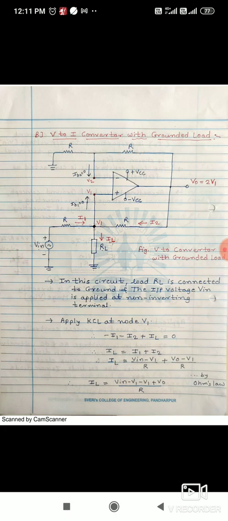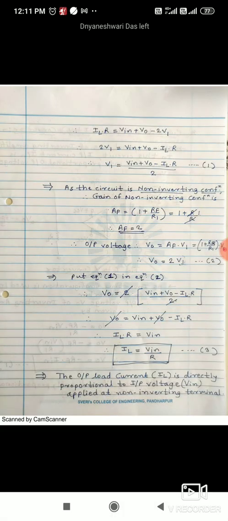Here, by applying KCL at the non-inverting terminal, that is at V1, we got the relation between the output load current IL and input voltage Vin. That relation is IL is equal to Vin by R. This derivation is somewhat longer compared to the previous one, because here the non-inverting configuration is used, and the condition is that all resistors have the same values.